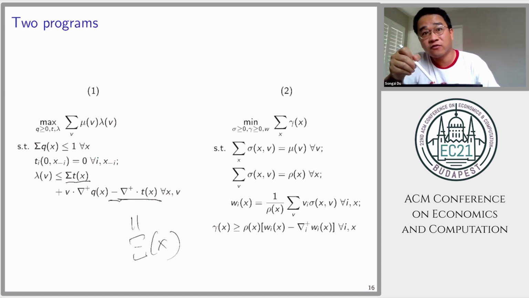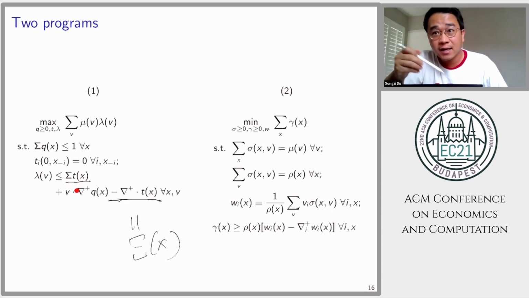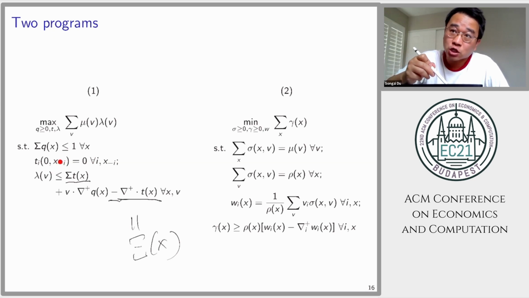This is not free, though. Even though Ti is unconstrained, remember that at 0, Ti has to be 0, whatever the action taken by the other bidders.